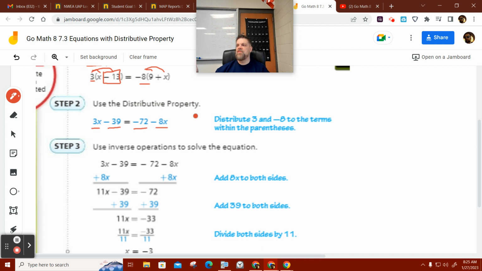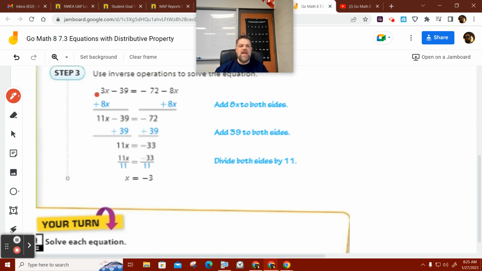So now that we've gotten rid of the fraction and used the distributive property, it's just a matter of solving the equation. Among these, 3x and negative 8x, we want to make it look like x equals some stuff. I'd pick the lesser of 3x and negative 8x, which is negative 8x.